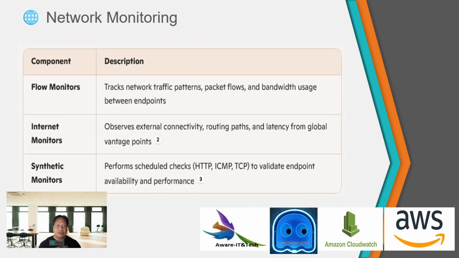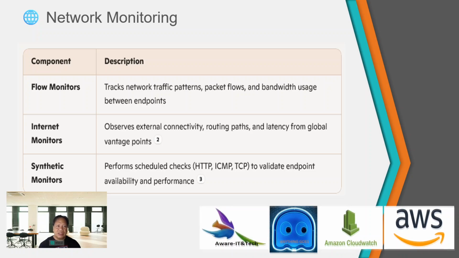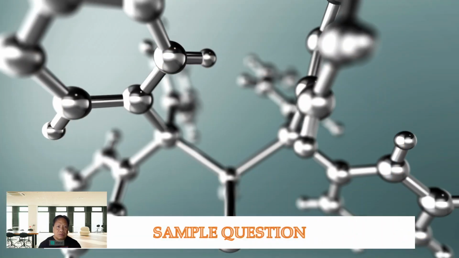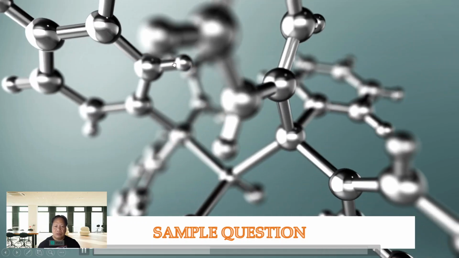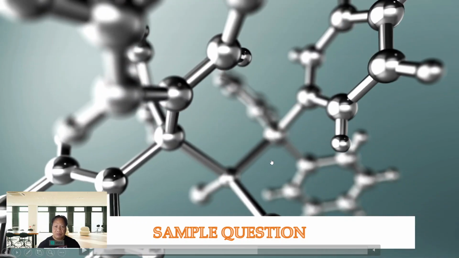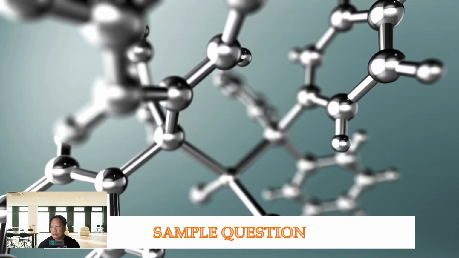We can also monitor our networks using the application log, and we need to go to demo before we go on to the sample questions. Let me just jump into AWS.